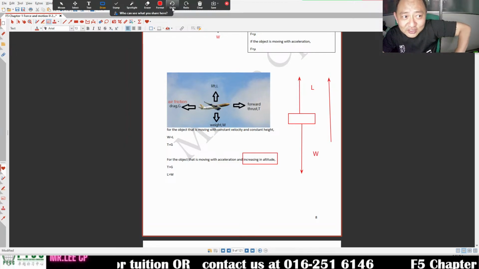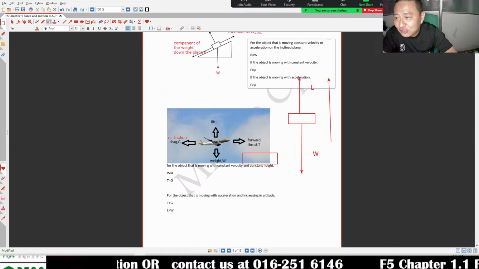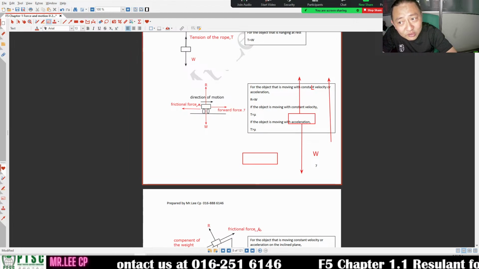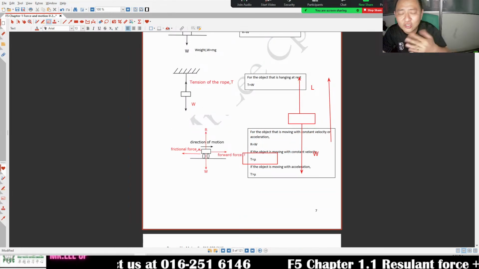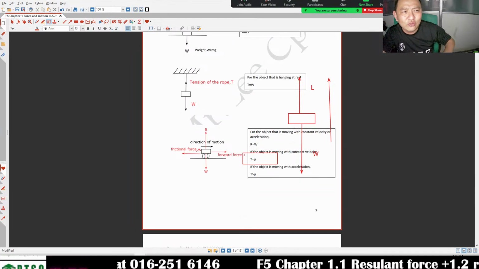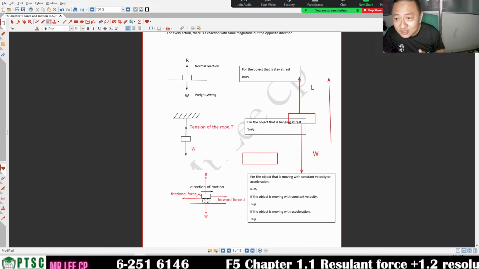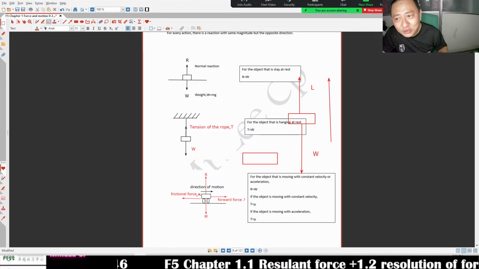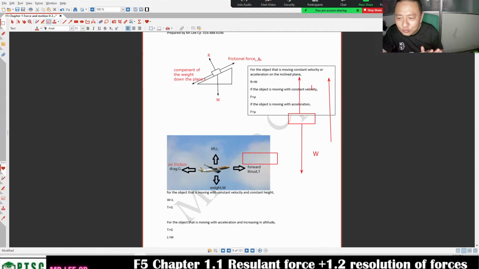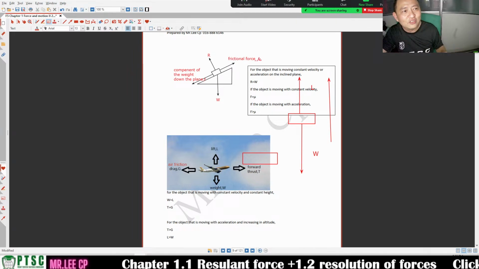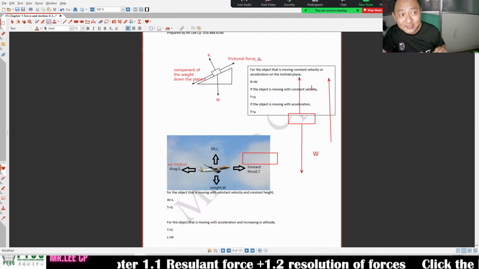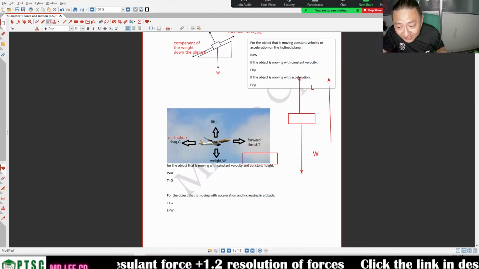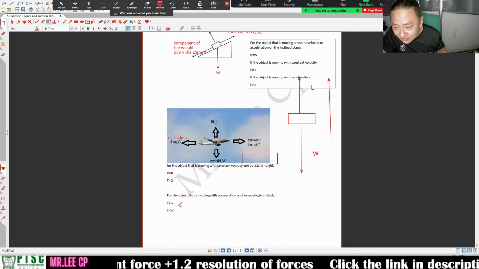For normal reaction, you must be touching the surface. Then there is a normal reaction. You see this one touching the scale, that one is called normal reaction. This one is not touching anything, so no normal reaction. We call this the lift force, another name, but the concept is the same. So lift is more than W. Lift is more than the W here.